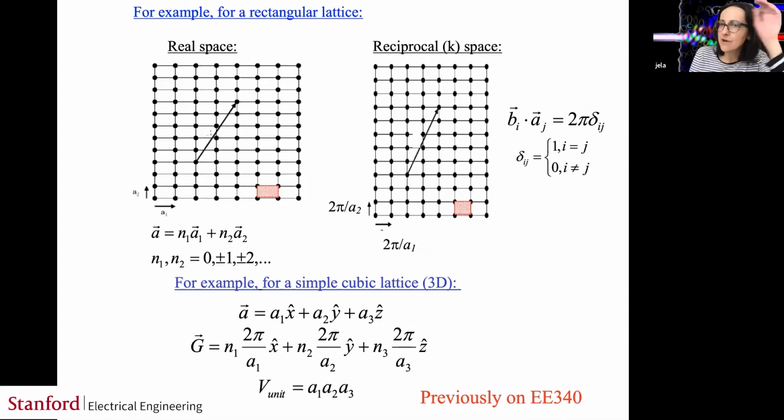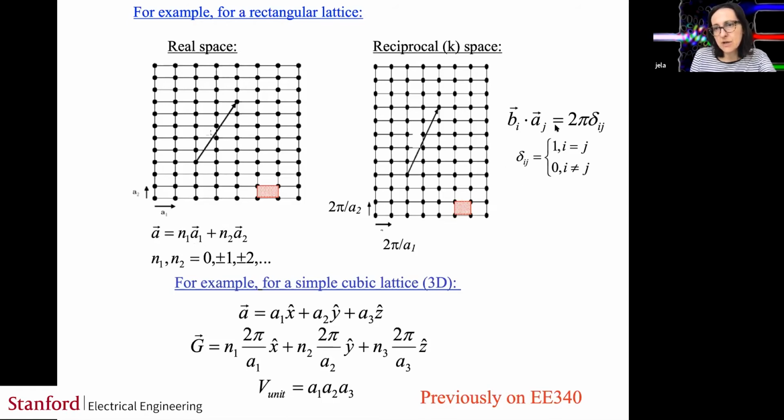We also started reviewing real space lattice and reciprocal lattice. This is exactly the same as condensed matter physics. Any periodic structure, crystal for light or crystal for electrons, can be represented with a lattice. You describe it with primitive real space lattice vectors, which we label as A1, A2, A3 for 3 dimensions.